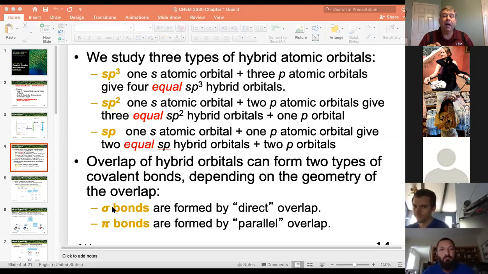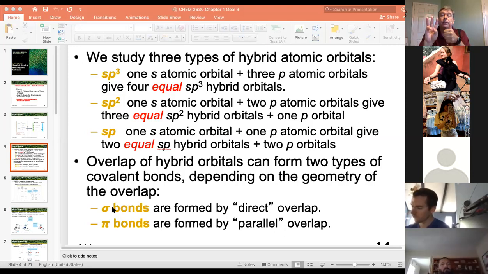Pi bonds are parallel overlap by the p orbitals, the leftover p orbitals, meaning you can only have a pi bond when you have an unhybridized p orbital. This is a key factor, okay? So if you have all 3 p's blended with your s, you cannot have a pi bond.